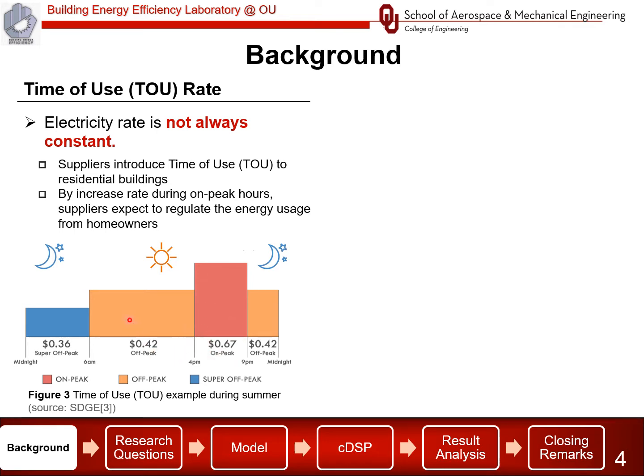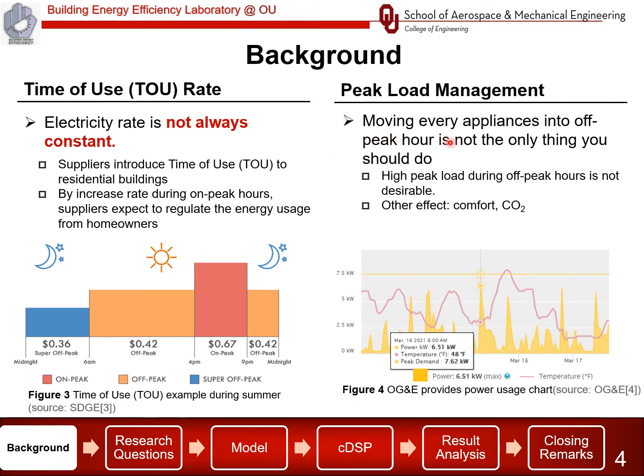However, if you put all your appliances into off-peak hours, you might cause a high peak load. The high peak load will bring a lot of stress to the grid. It is also not desirable, since it can be uncomfortable and produce lots of carbon dioxide.